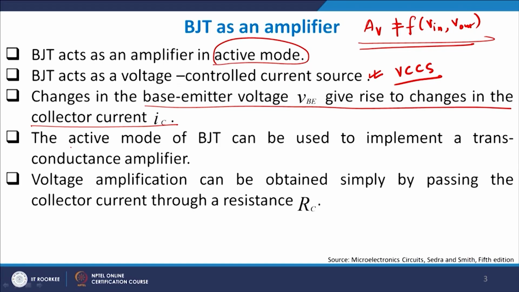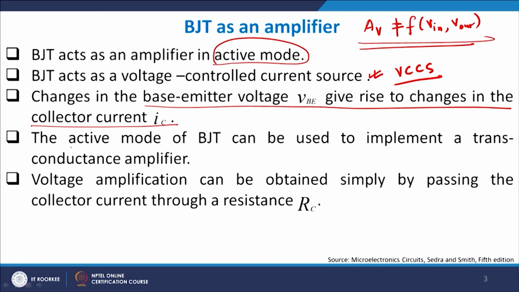But once your base to emitter voltage exceeds 0.7 in the case of silicon, which is the cut in voltage, I would expect to see an exponential rise in the current by varying VBE. If you vary VBE near the knee point of the PN junction, I would expect to see a large amount of current flowing through the collector side once the input voltage is larger than the cut in voltage, or 0.7 in the case of silicon.